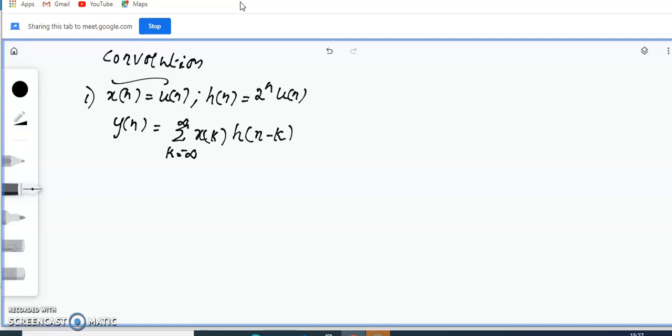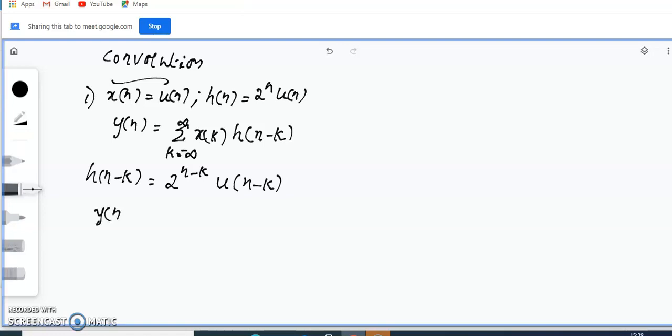But here what you require is not simple h of n, you require h of n minus k. So what is h of n minus k? Here instead of n, simply substitute n minus k. So it will be 2 raised to n minus k u of n minus k. Please substitute that in the equation.